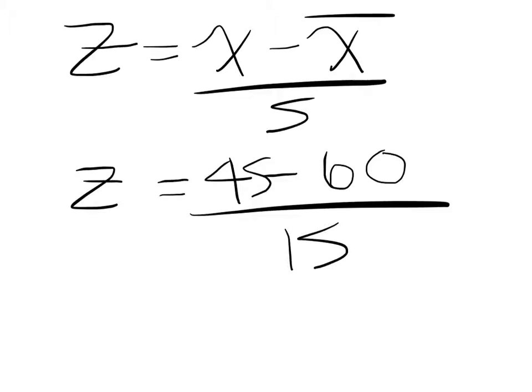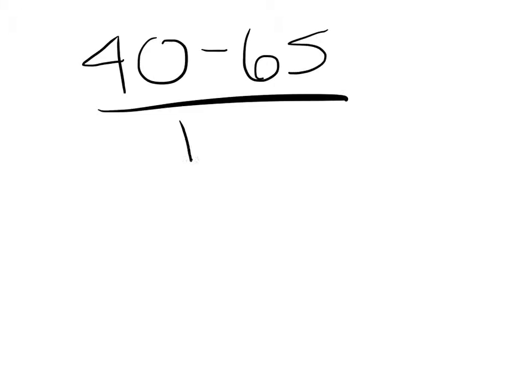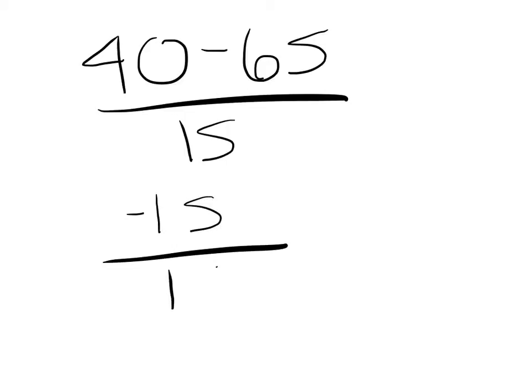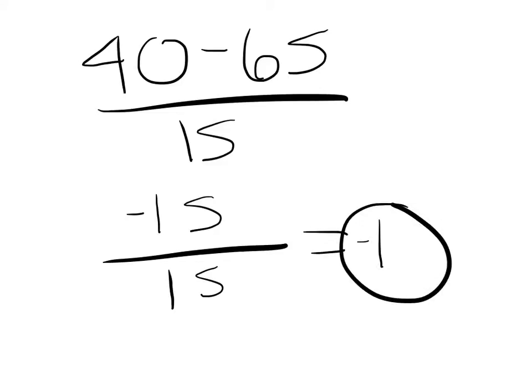And we get negative 15 over 15 equals negative 1, which means our z-score for 45 is negative 1.